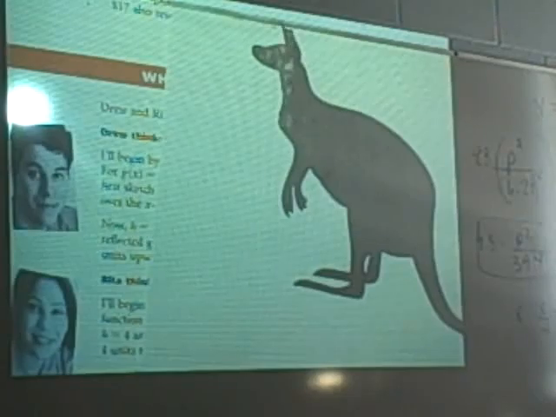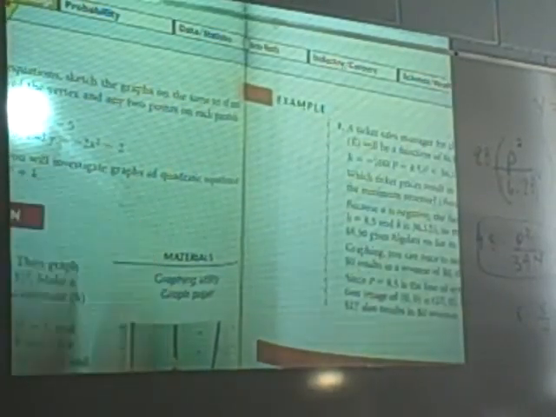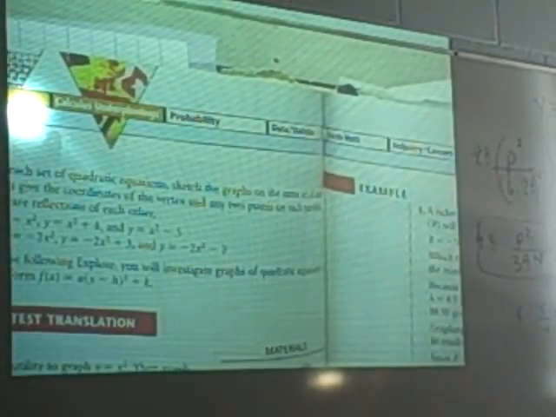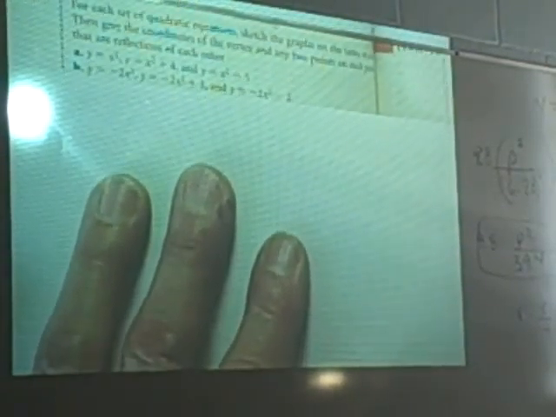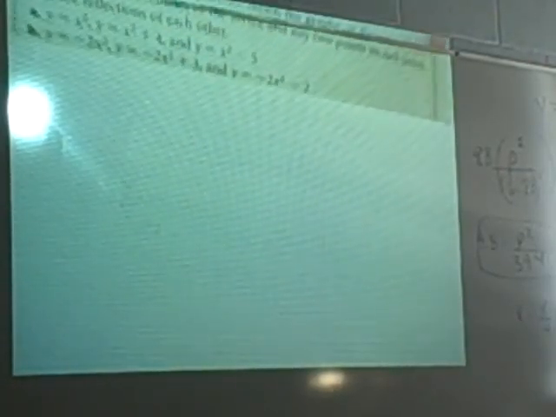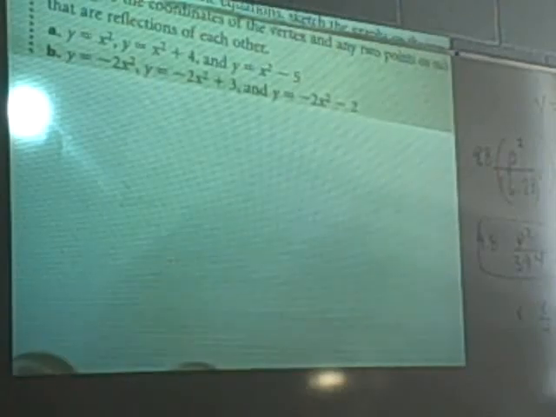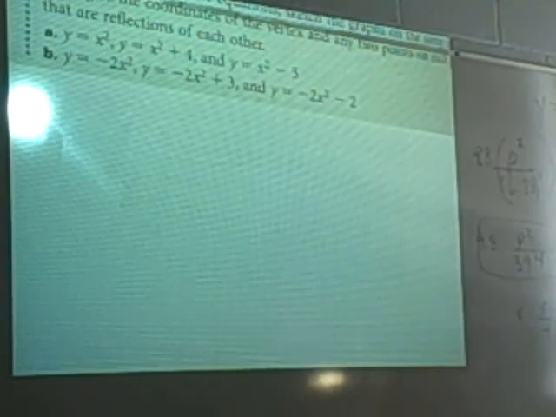All right. Let's do one problem together. Would you please graph y equals, let's go with the negative one. Let's do the B. So y equals negative 2x squared. The next one is going to be y equals negative 2x squared plus 3.